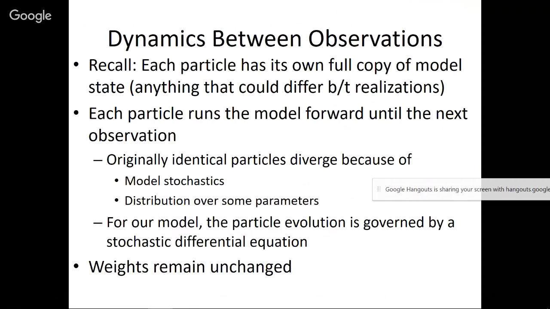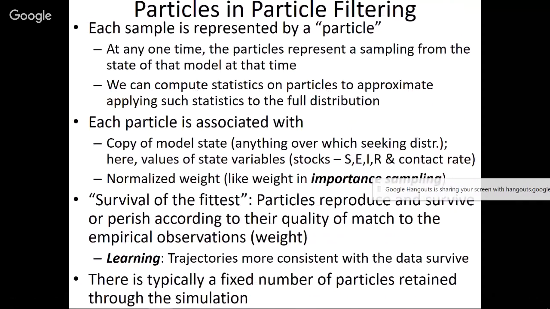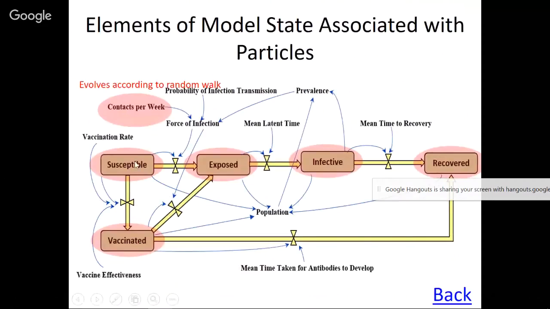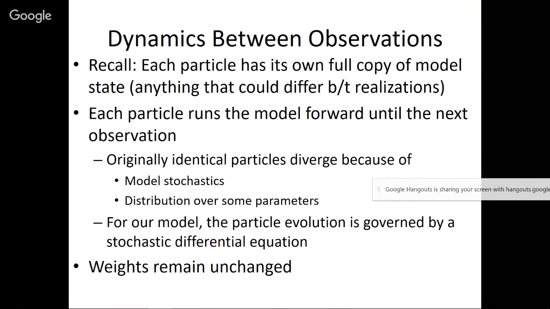Okay, so between observations, each particle has its own full copy of model state. Each particle has a certain number of individuals it posits as being susceptible, exposed, infected, recovered, vaccinated, and for any stochastically changing parameters, it's going to have a positive value for that parameter.